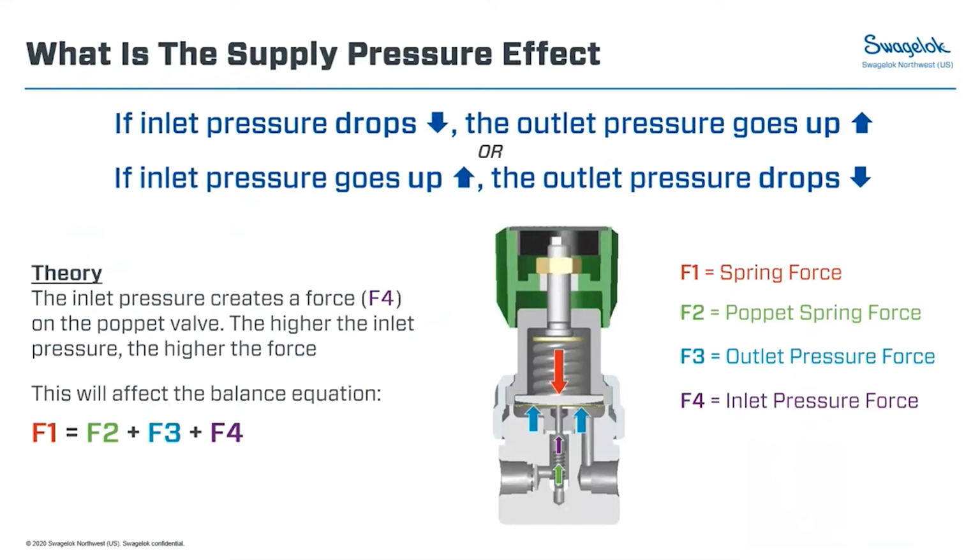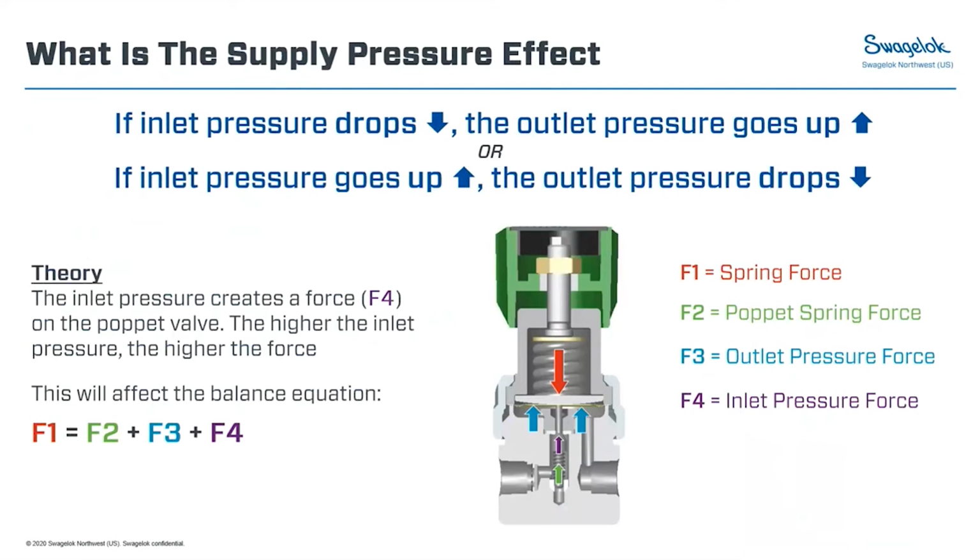If you have a regulator hooked up to a cylinder and you're depleting that cylinder over time, your natural thinking says that your downstream pressure will also go down. It's actually the opposite. As you deplete that cylinder, you're going to see your outlet pressure across this single regulator go up.